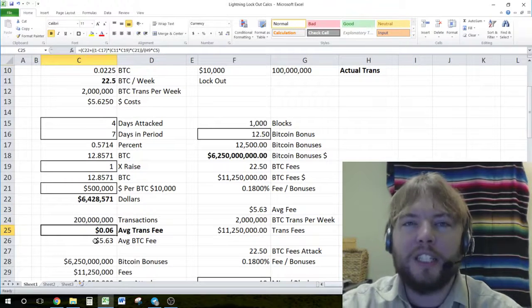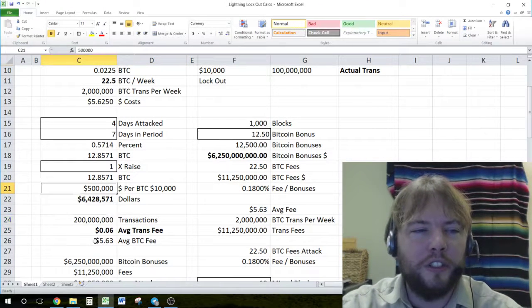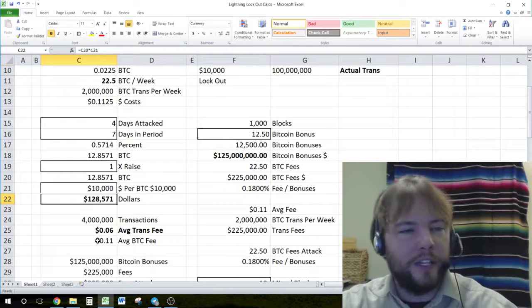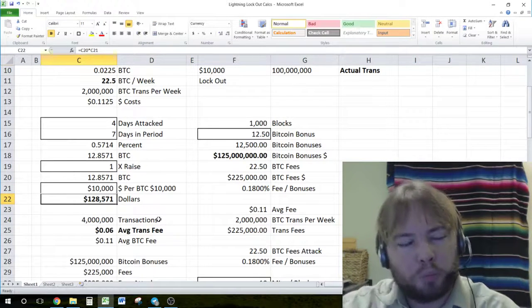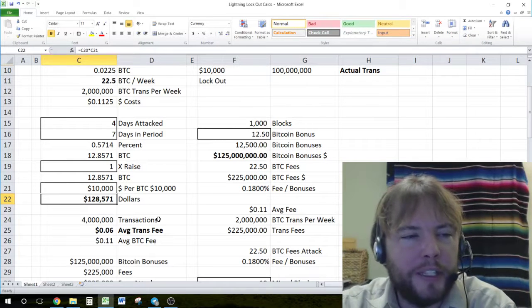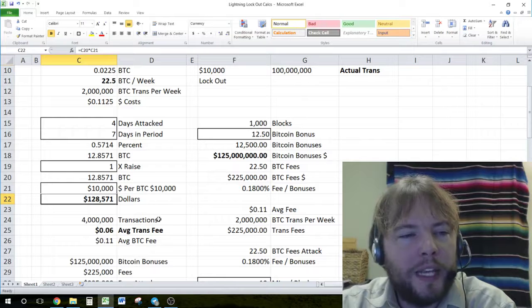Now, if you have batching, then people will continue to use it, and then the price of Bitcoin at $500,000 is justified.